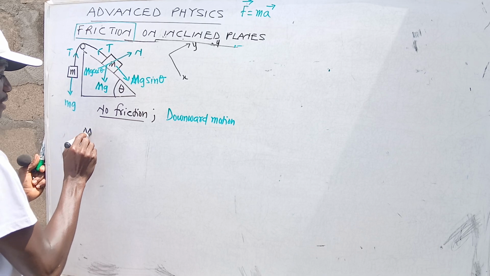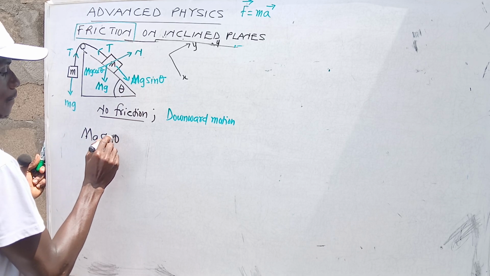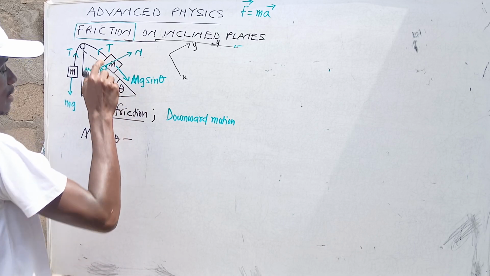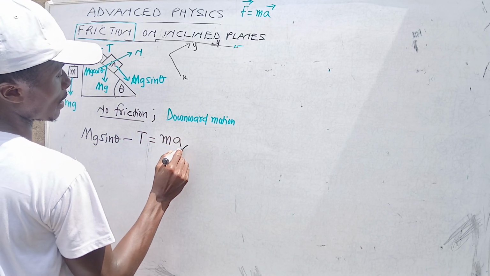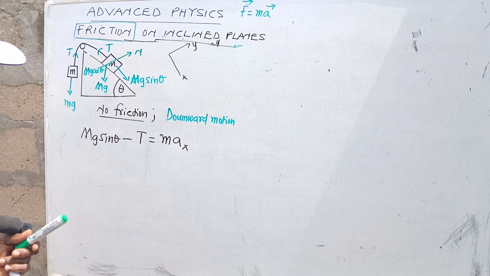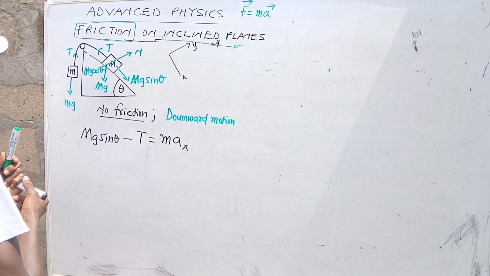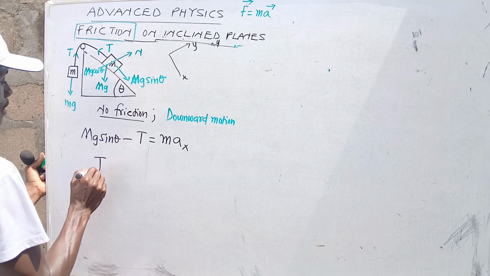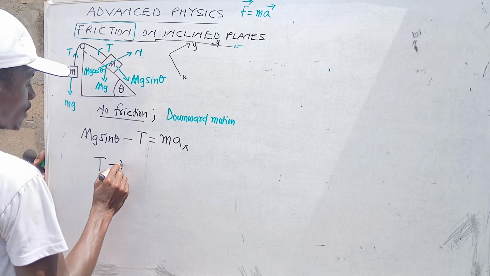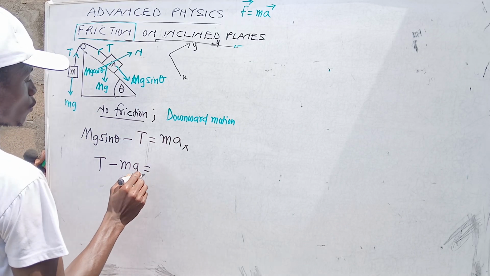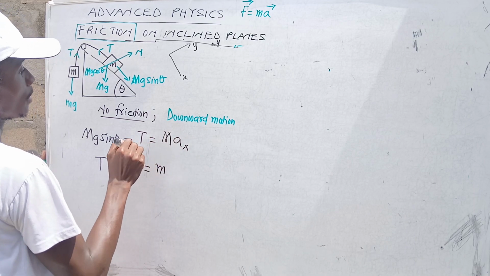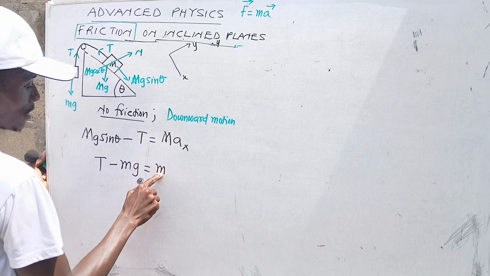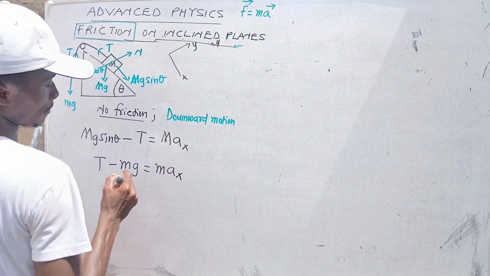Then capital Mg sine theta minus the tension T would be equal to capital M ax, which is the acceleration in the downward direction. And then we could also write that this T minus mg would be equal to small m, for this mass, this is capital M, but this is small m times ax.